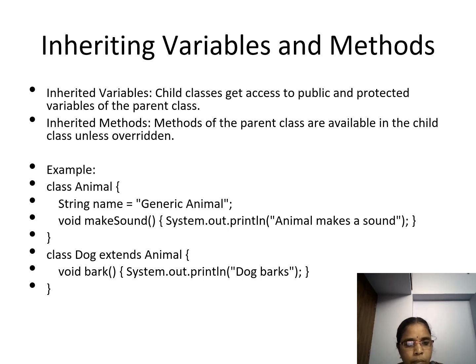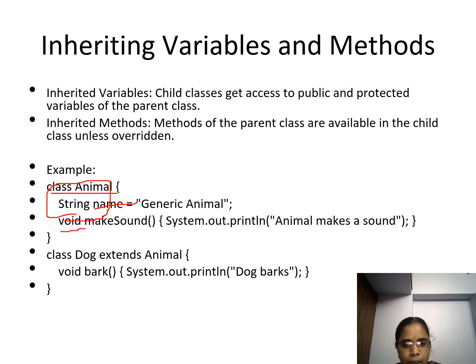This is the example for inheriting variables and methods. Here the class name is Animal. We are having a variable name, whose data type is String. The value assigned to the variable is "generic animal", and the method is makeSound, and the return type of the method is void.